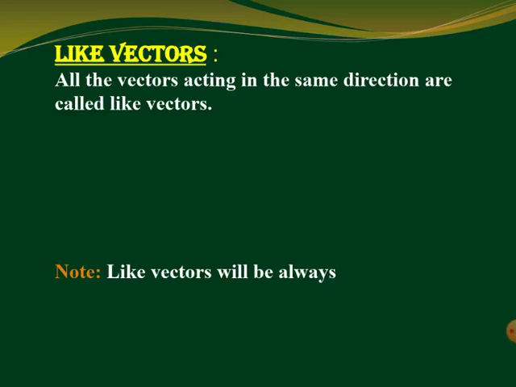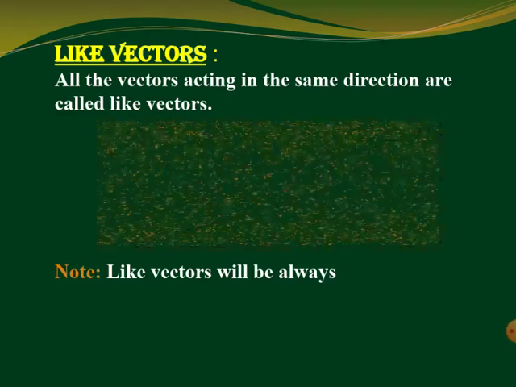Now let's see about like vectors. Like vectors means two or more vectors pointing or directing along the same direction. That means you can also say that parallel vectors are like vectors. Parallel vectors mean directing along the same direction.